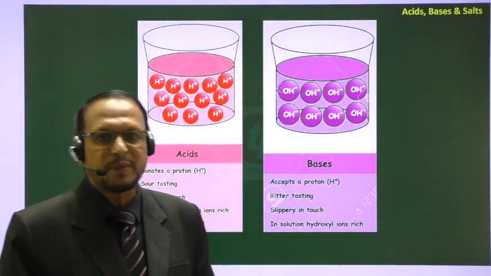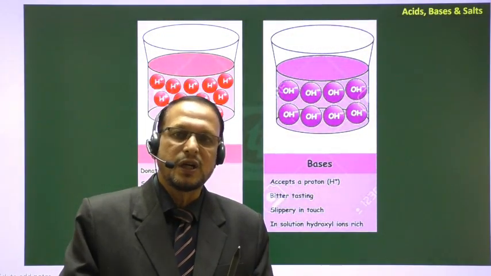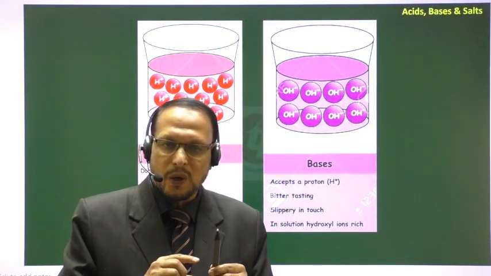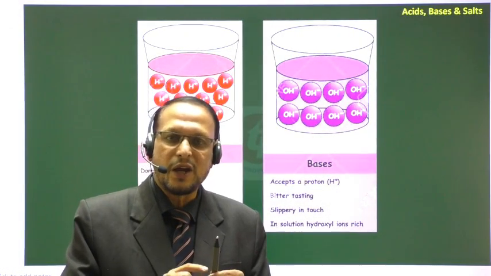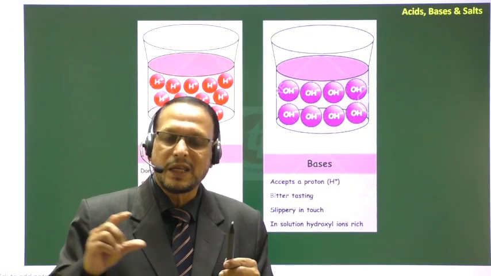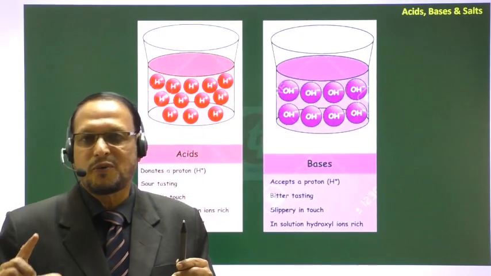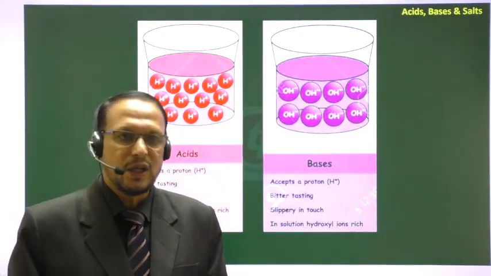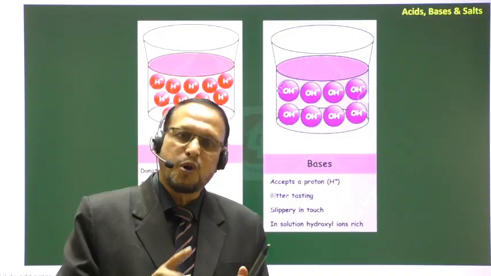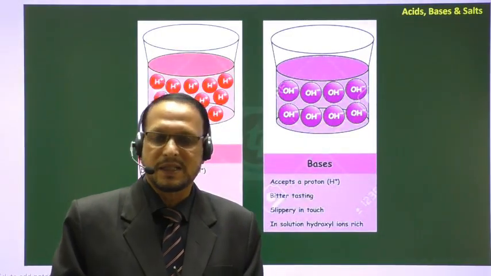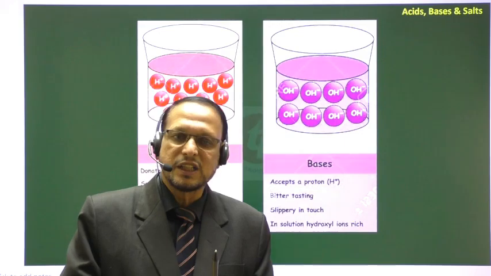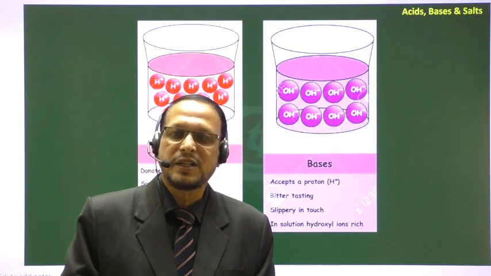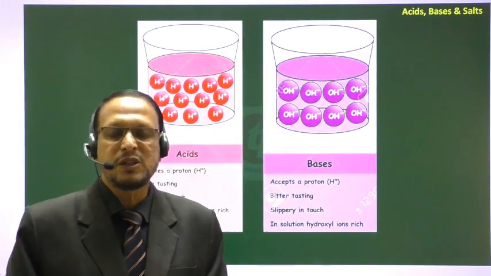One more thing I am telling you: why is a solution containing hydroxide ion called a base, and why is a solution containing hydrogen ion called an acid? Acid and base both contain H plus and OH minus. In pure water, the concentration of H plus ion and OH minus ion is the same, that's why water is neutral.